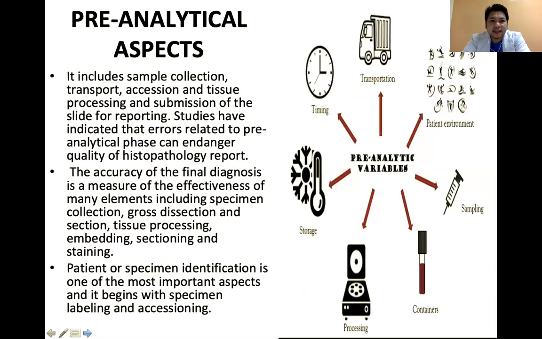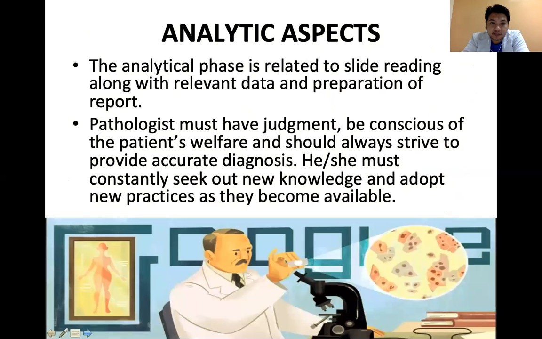Okay. Pre-analytical phase or the pre-analytical aspects, it includes sample collection, transport, accession, and tissue processing and submission of the slides for reporting. The accuracy of the final diagnosis is a measure of effectiveness of many elements. So patient or specimen identification is one of the most important aspects, and it begins with specimen labeling and accessioning.